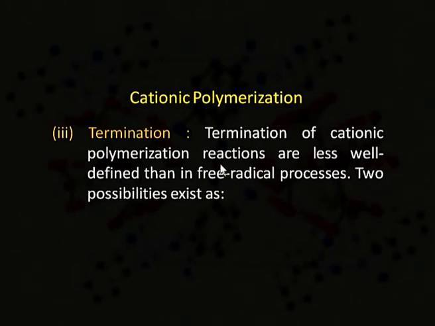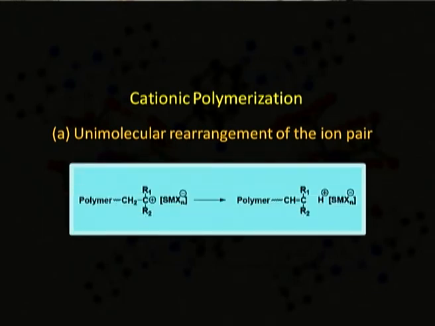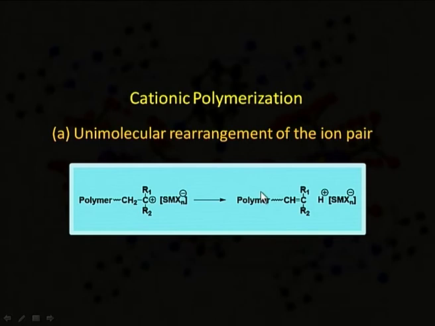Termination of cationic polymerization reactions is less well defined than in free radical processes. 2 possibilities exist: unimolecular rearrangement of the ion pair, which is shown in this diagram, that is polymer and that is the ion, and we are getting this structure.